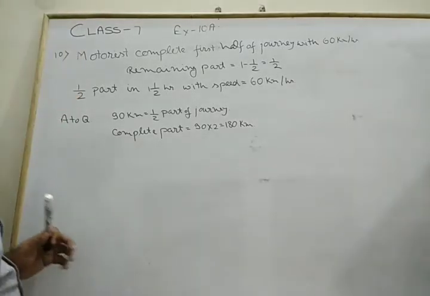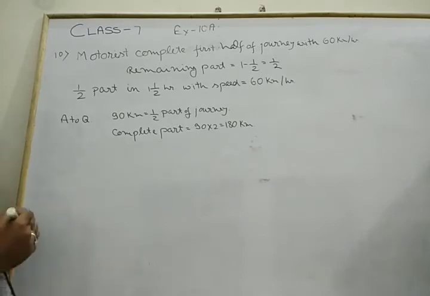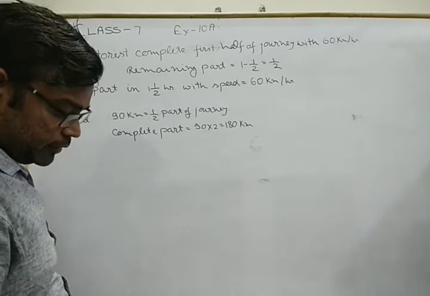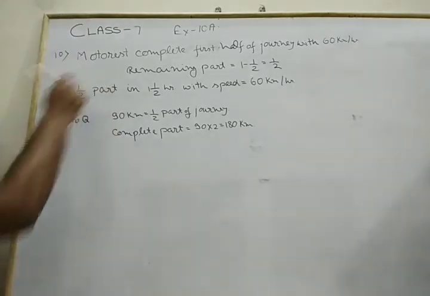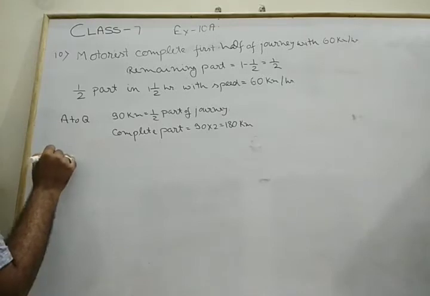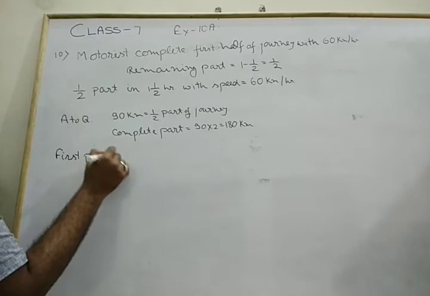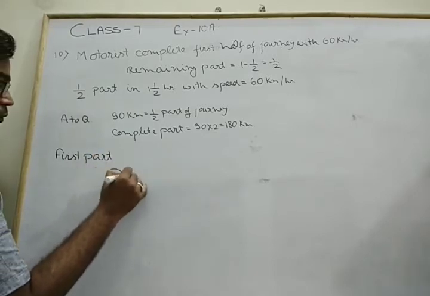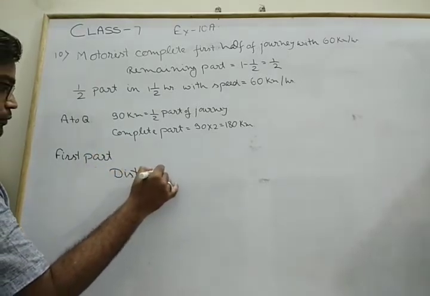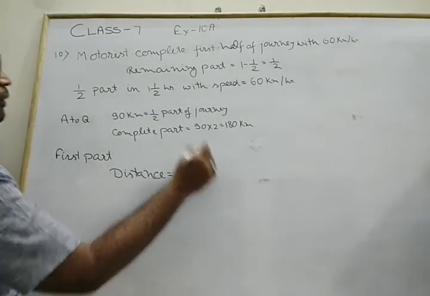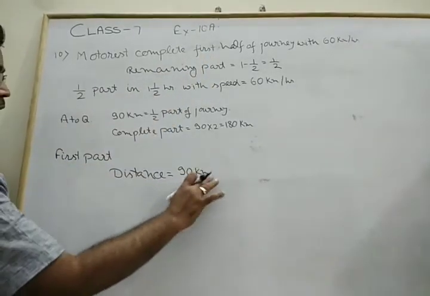What was his average speed? For finding the average speed, we need the total distance by total time. In the question, in the first part of the journey, the distance we know, it's 90 kilometers, because half means 90 kilometers.